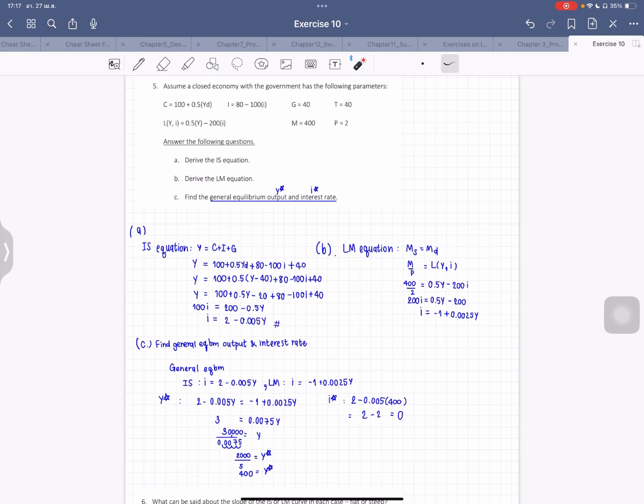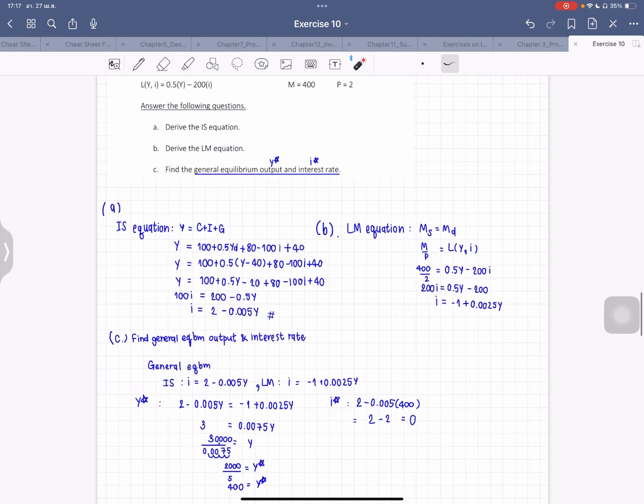So next question, assume a closed economy with government has the following parameters. So this information is given and answer the following questions. A, derive the IS equation. So the IS equation starts with Y equals C plus I plus G. The problem gives you some information, and you can substitute into the equation right away.